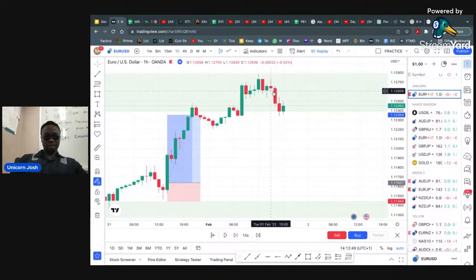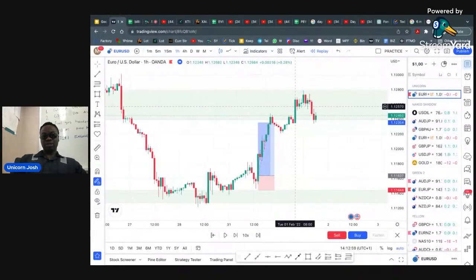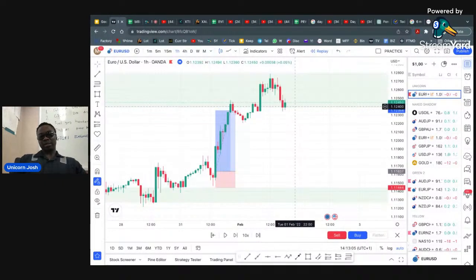First of all, of course, it has to be in a good area. I call it the zone. It has to be in a zone. And what is a zone? A zone is a supply and demand area, a buy and sell area. Simply put, a support and resistance area.